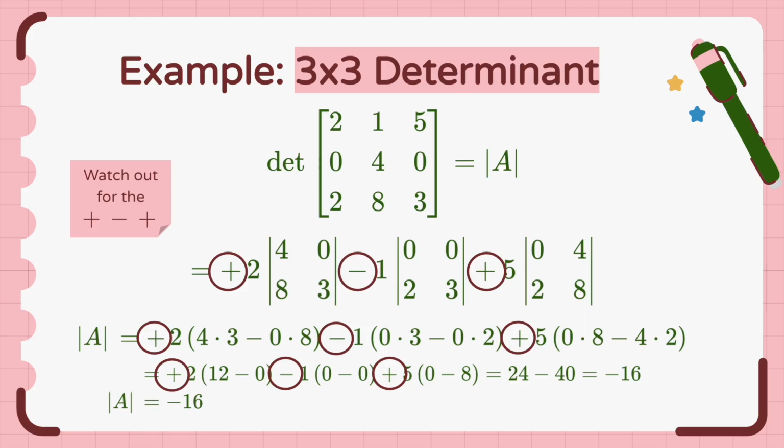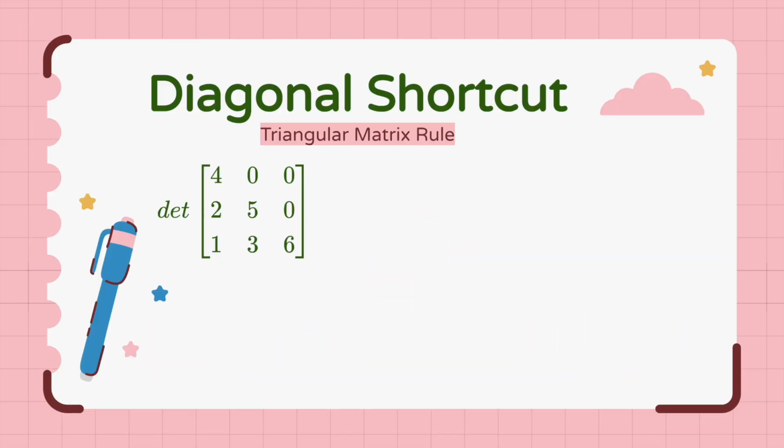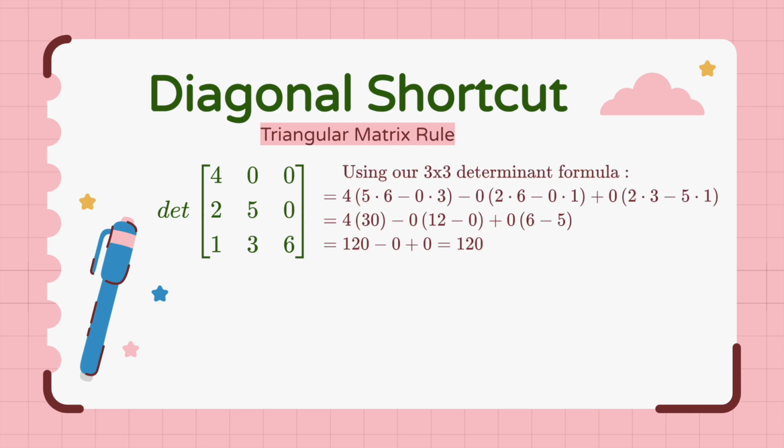Calculating a 3x3 determinant can be sort of time consuming, but there is a shortcut. In this example, if we used the 3x3 formula, we'd eventually get the determinant of 120, but there's a much quicker way. If a matrix is triangular, meaning everything above or below the diagonal is 0, we can skip all that expansion. For our example, there are zeros in the upper triangle, so it's a lower triangular matrix.